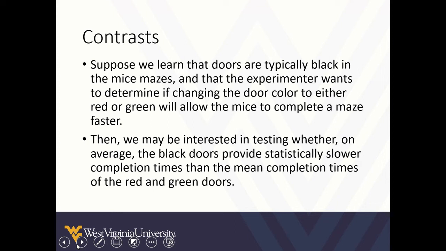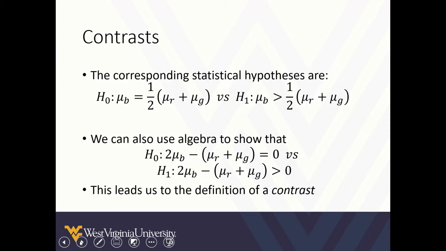But for now, we're going to operate under this assumption that the standard is that doors are painted black, and we want to see if there is a difference when we have painted it red and green. So for us, this would allow us to set up a hypothesis where we compare the black door versus the red and green door.